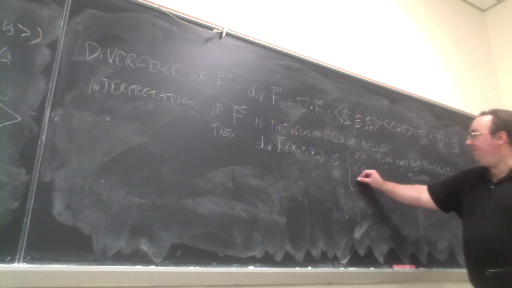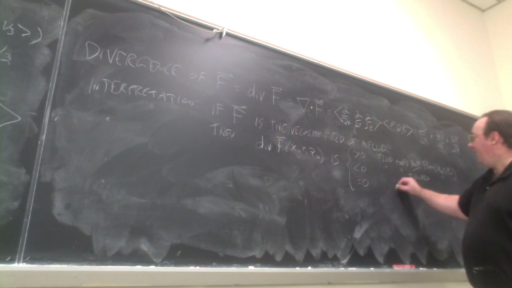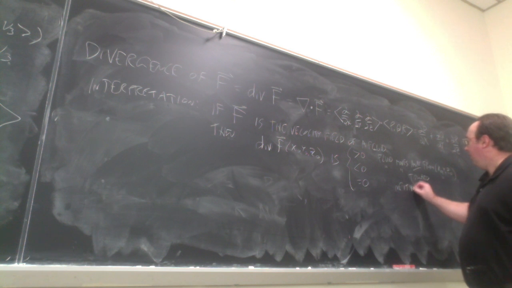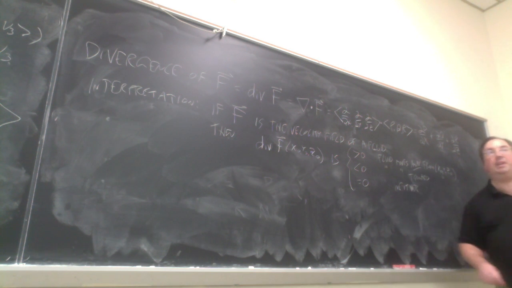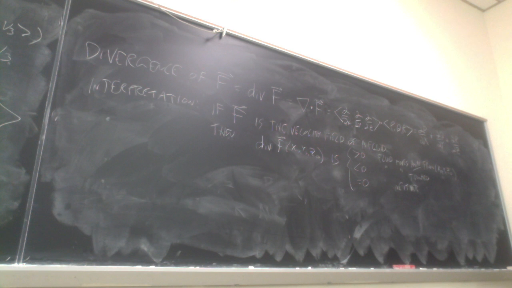Then if it's equal to 0, then you really don't have either one happening. In fact, this condition of the divergence of a velocity field being equal to 0 is used to classify a fluid as incompressible. Okay. So that's one operation we'll need.